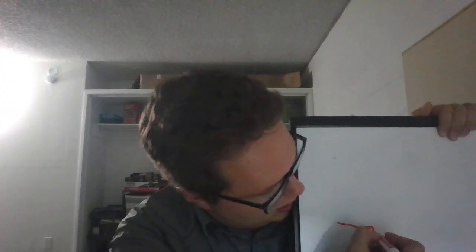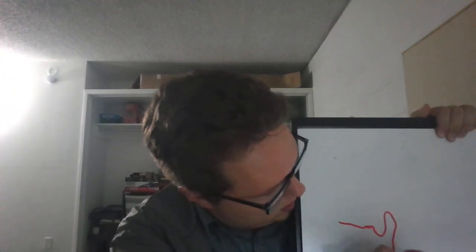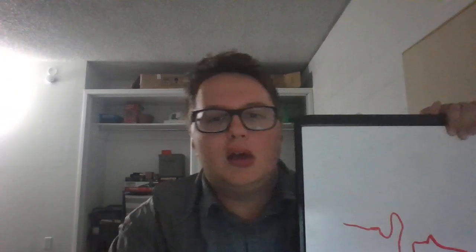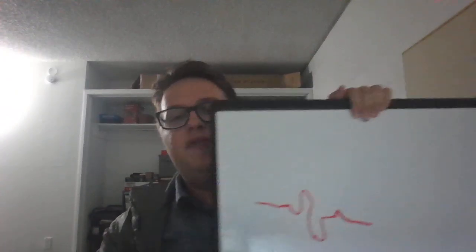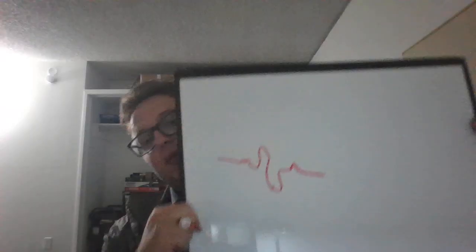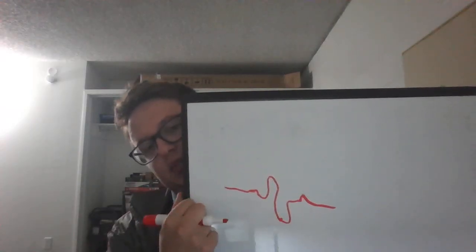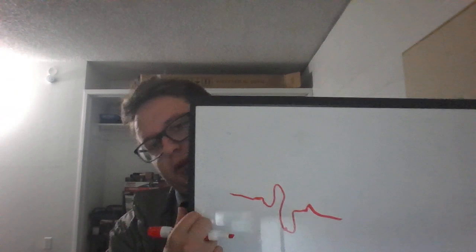Okay, so this is what an ECG looks like. The P wave is the atrial depolarization from the SA node. That's a really bad ECG, by the way, but we're going to work with it.